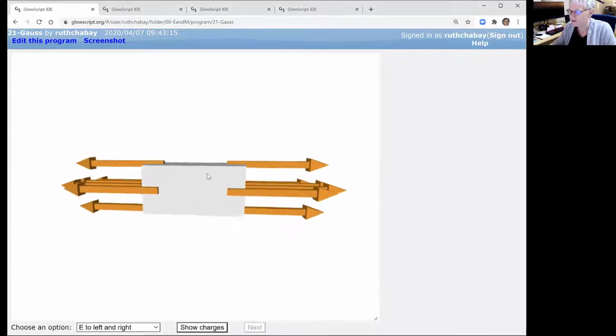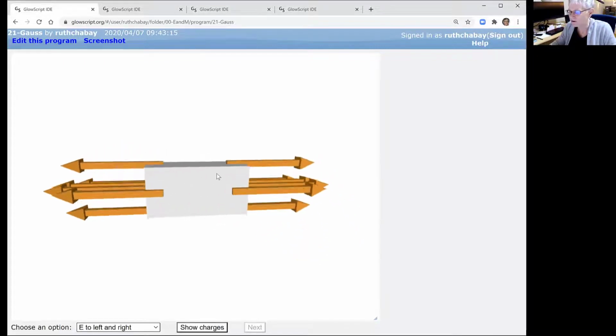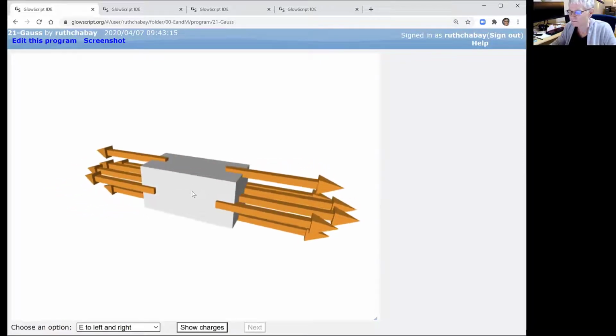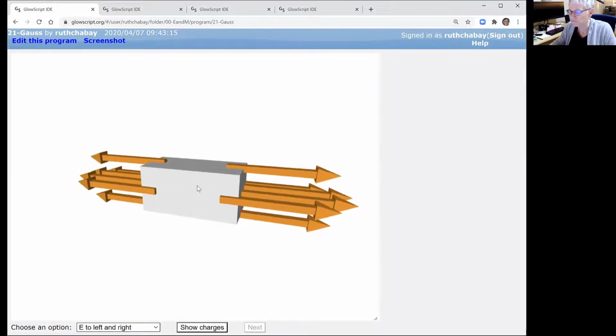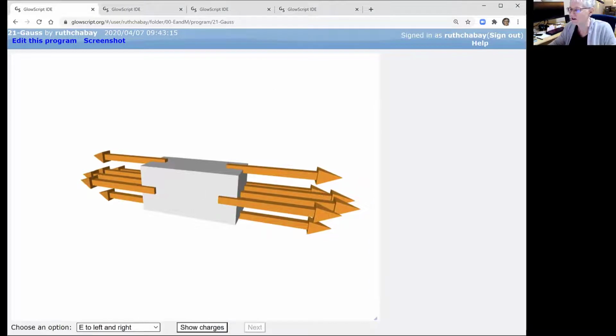So if you think about this distribution in terms of the fact that you could have charge both inside and outside the box, you might want to think about what charge distribution could produce this field, and then what would be inside the box as a result. So let's just try it one more time. What charge distribution could produce a field like this?